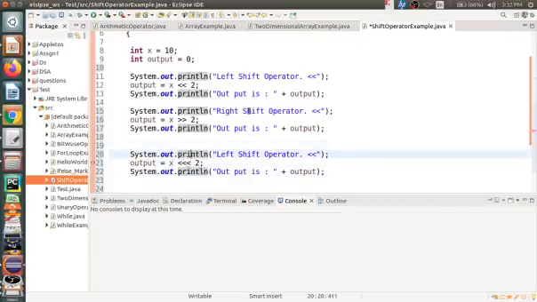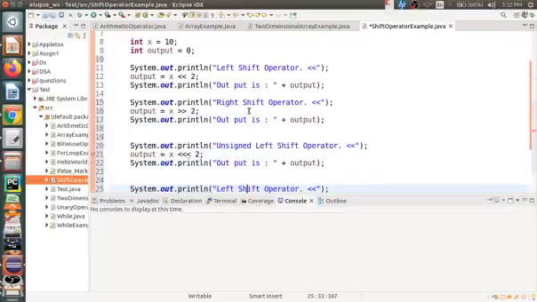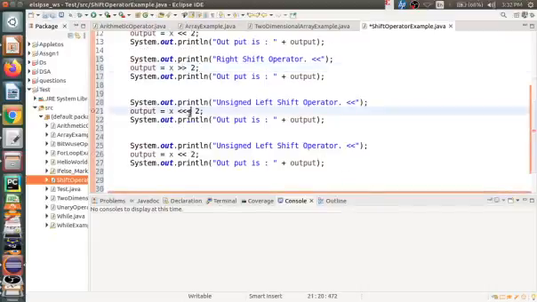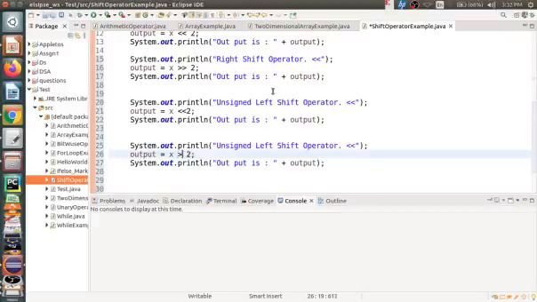This is unsigned. I think this is not there.